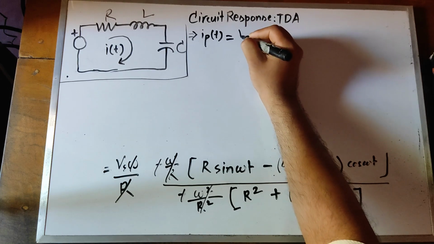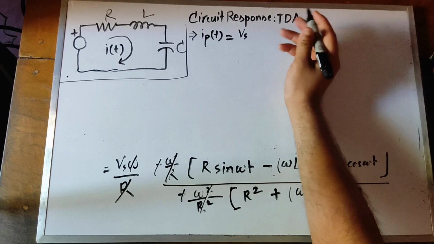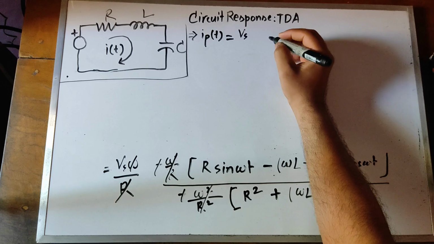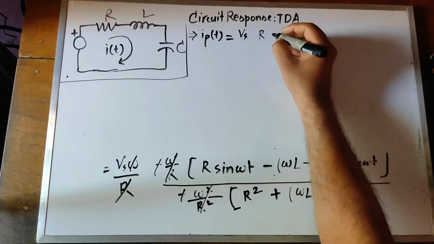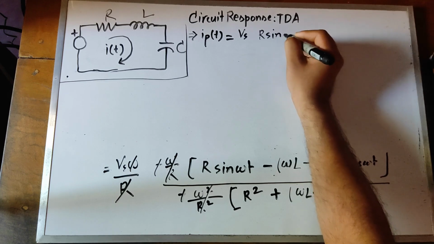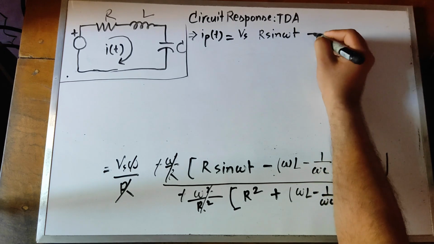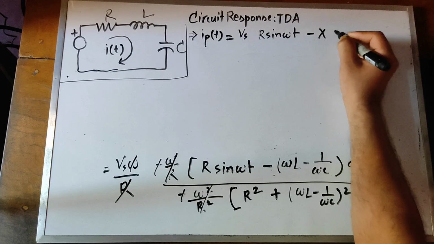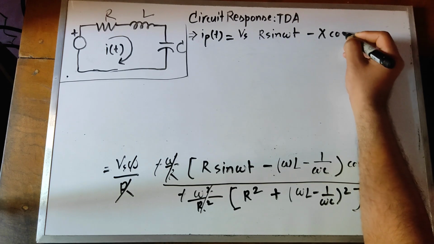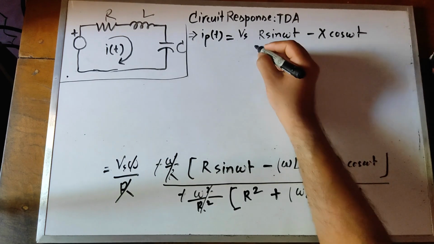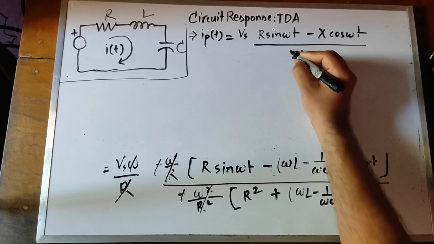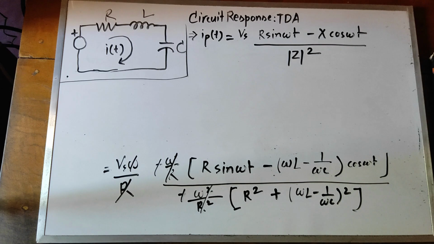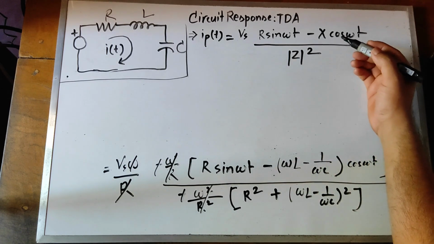Okay, so now what we're left with is the magnitude, nothing else, and I have r sine omega t minus x cos omega t by z, which is the impedance squared, the magnitude of the impedance.